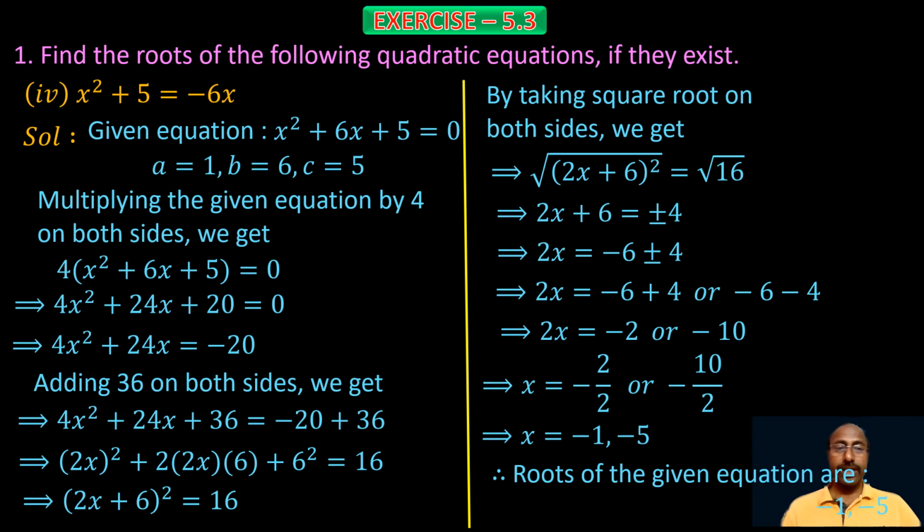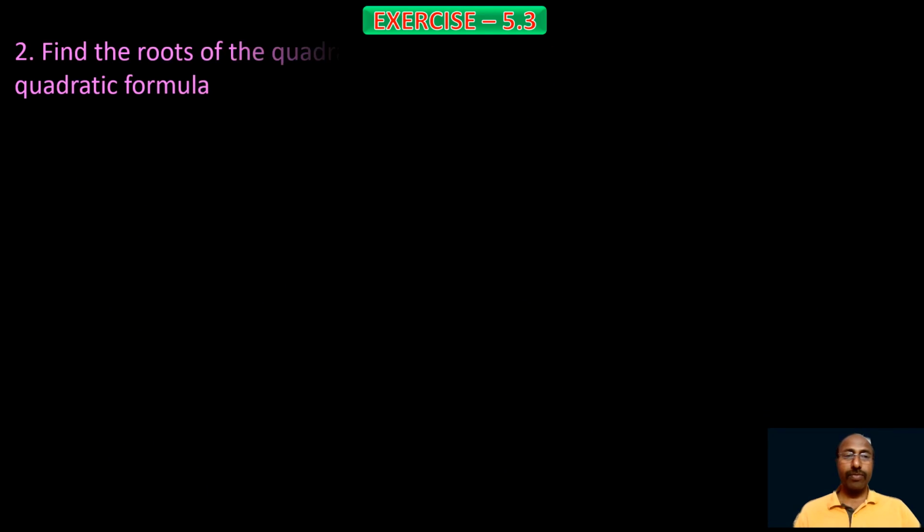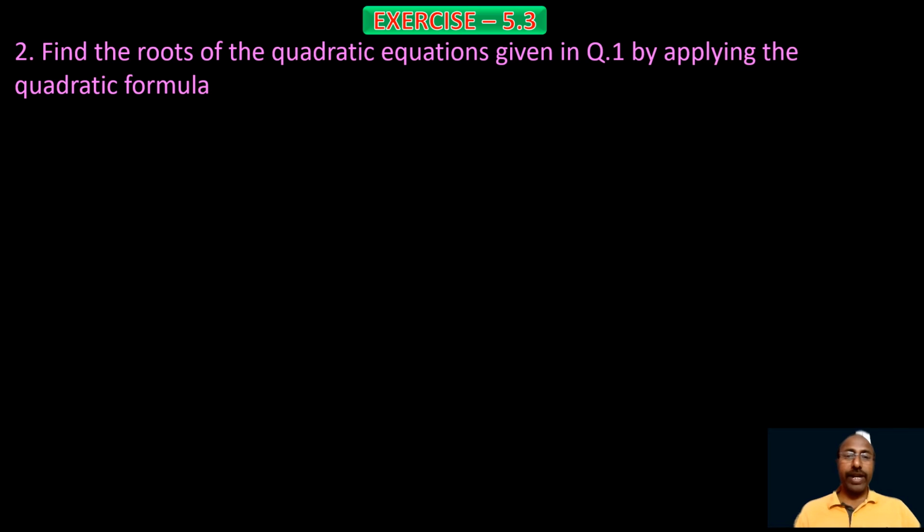Okay students, so now let us solve the second problem. Find the roots of the quadratic equations in question 1 by applying the quadratic formula. In question 1, we solved all the problems by the completing the square method, and in this question we have to solve the same problems by applying the quadratic formula.